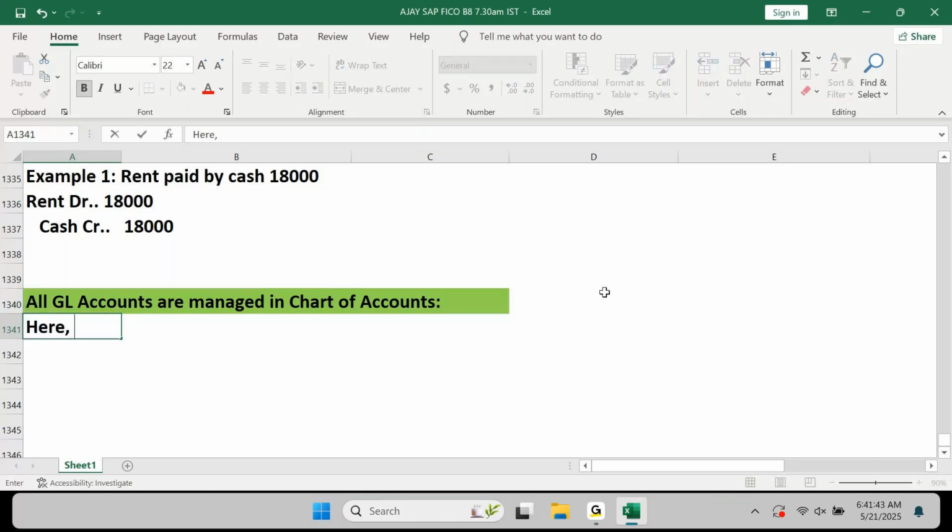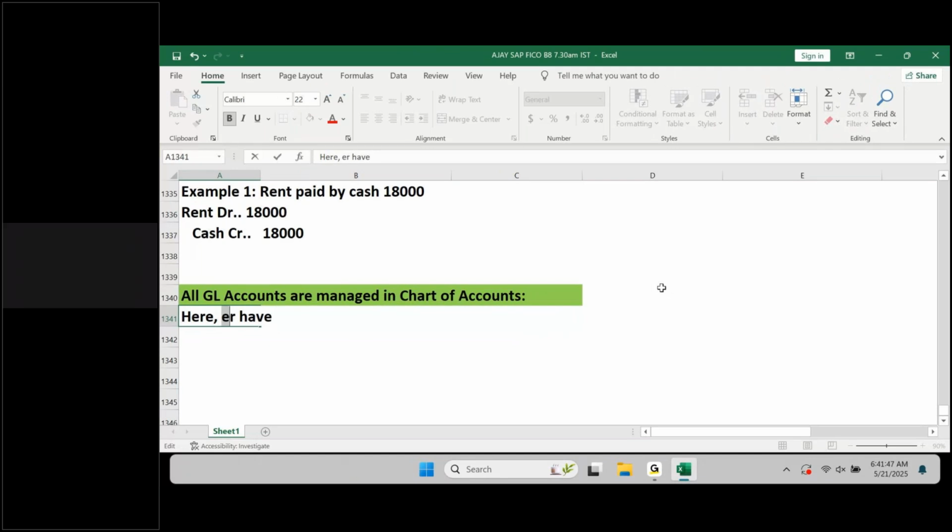Here we have to define or we have to classify our accounts based on their nature.